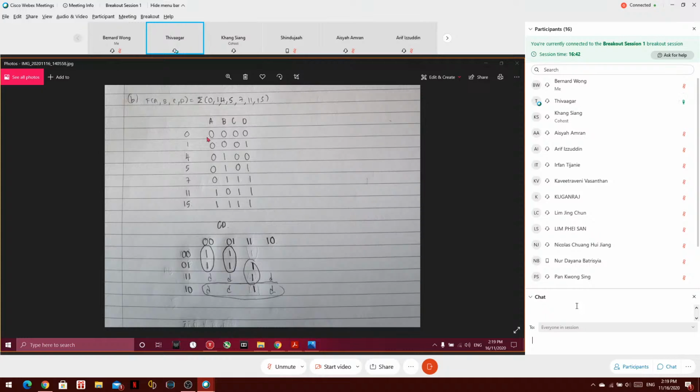For 0 it'll be 0000, for 1 it'll be 0001, and so on, because this represents 2 to the power of 3, 2 to the power of 2, 2 to the power of 1, and 2 to the power of 0. So this is the value of ABCD. We can label here as 1, and actually transfer them into the Karnaugh map. This is the value for AB, and these are the values for CD.